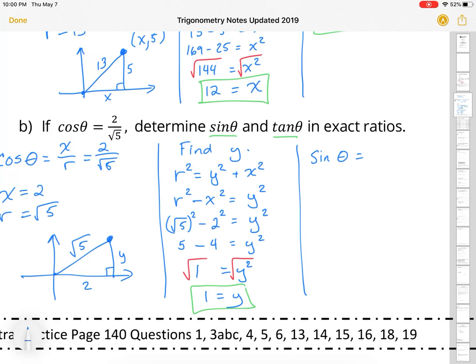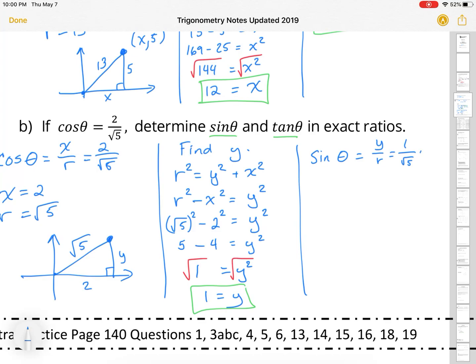Now we're going to give the sine and tan in exact ratio. So sine theta, if you go back to that box, sine theta is y/r, which is equal to, now we know our y, 1/√5.